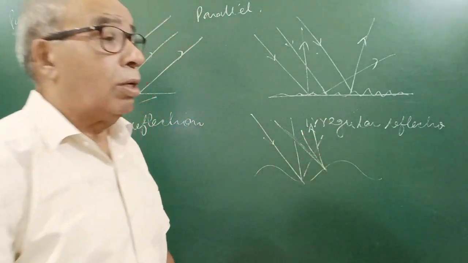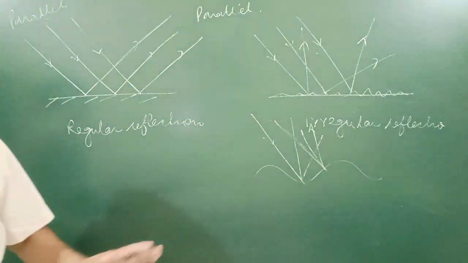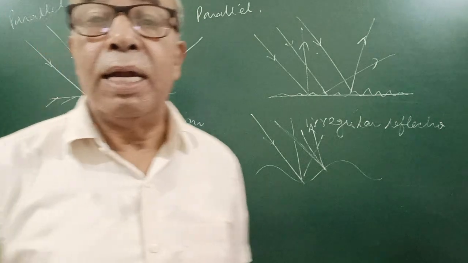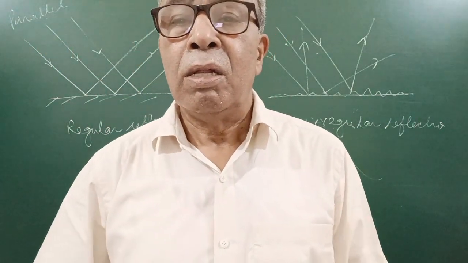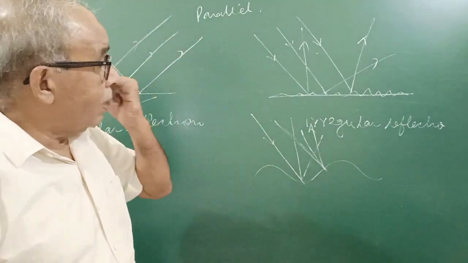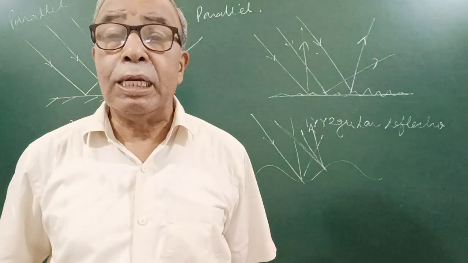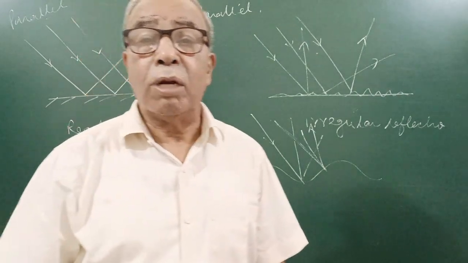So due to roughness, the surface has normals at different points in different directions, and hence the rays will go in different directions. So this is called irregular reflection.